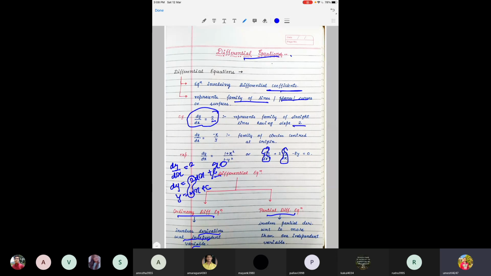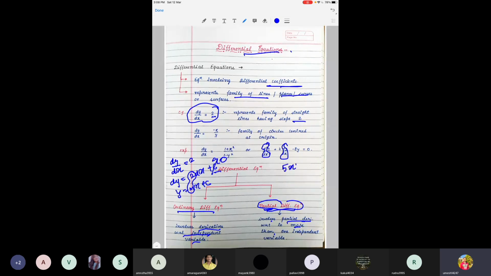The variable with respect to which we take the derivative should be independent only. And partial differential equation clearly means partial, with respect to one or both. So partial differential equations are equations which involve partial derivatives with respect to more than one variable.